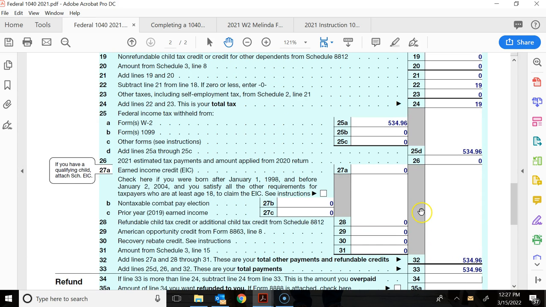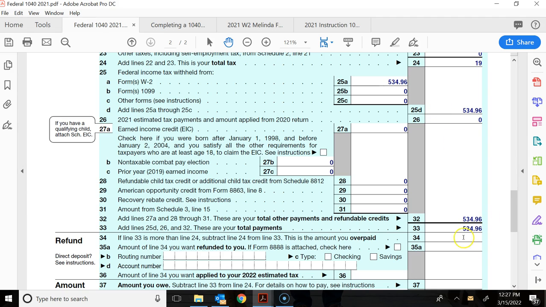So $534.96 minus 20 is going to leave us with a total of, well, I said minus 20 because I was just rounding up. 534 minus 20 would be 514, but we actually have 515. So this is the total amount that she's going to have refunded from her income taxes because she overpaid.